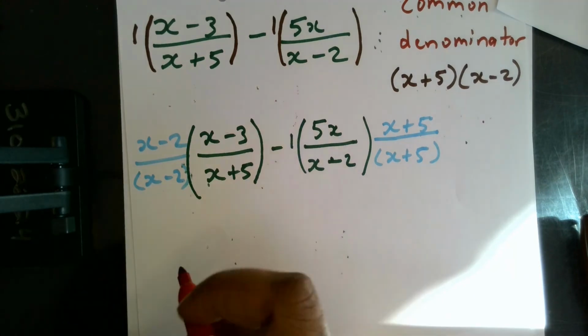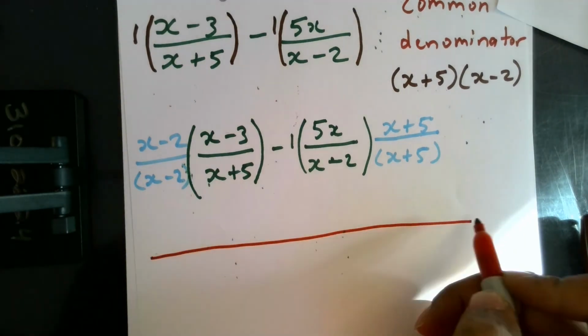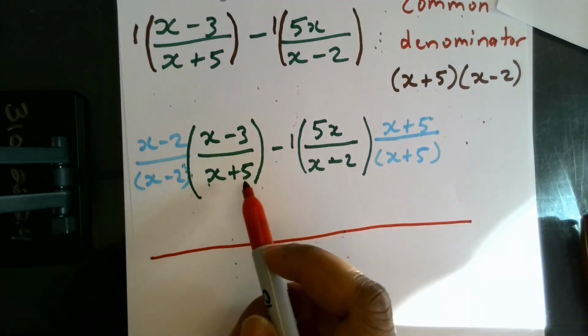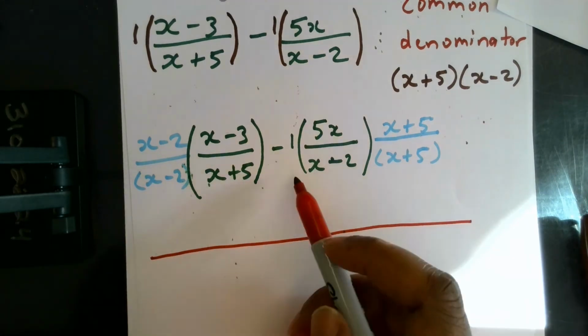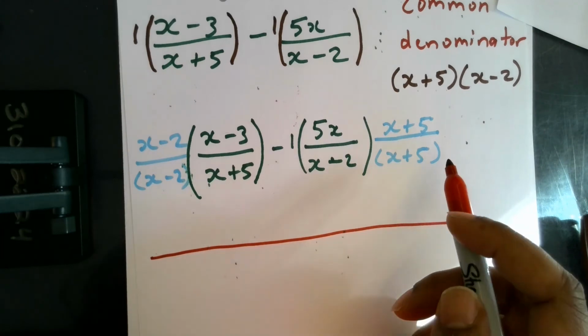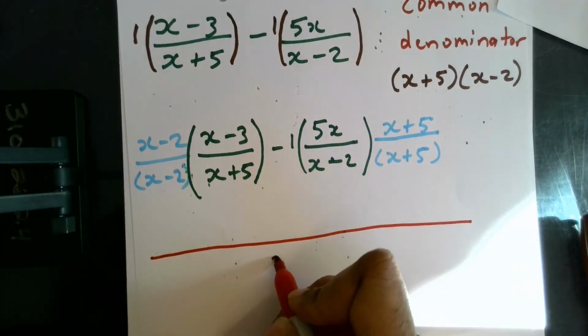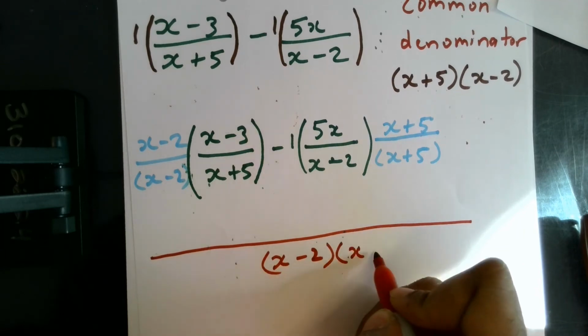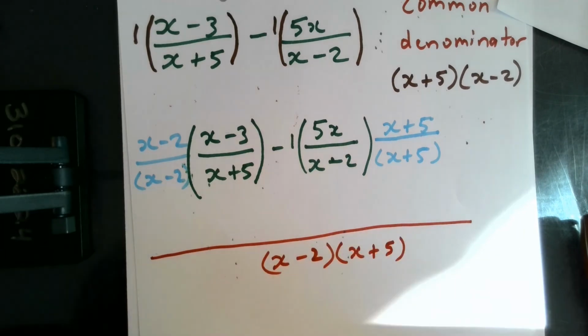So we have a common denominator. They are the same. And because of that, we keep it. So x take away 2 times x plus 5.